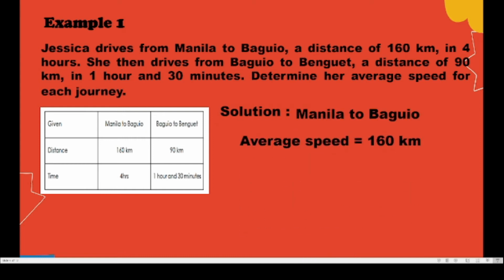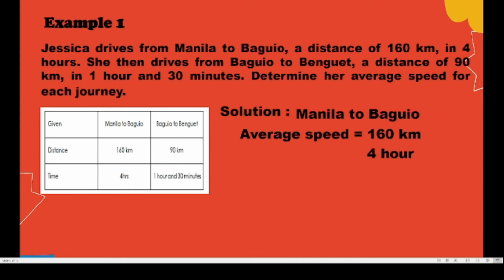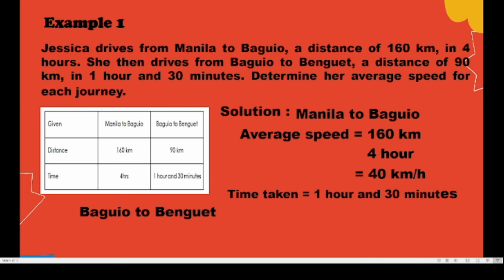Manila to Baguio, we have average speed of 160 km for our distance and 4 hours for our time, which is equal to 40 km per hour. Then for Baguio to Benguet, we have time taken 1 hour and 30 minutes. We have 1.5 hours or 3/2 hours.